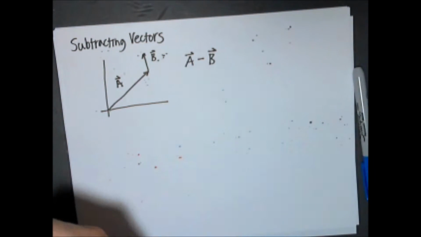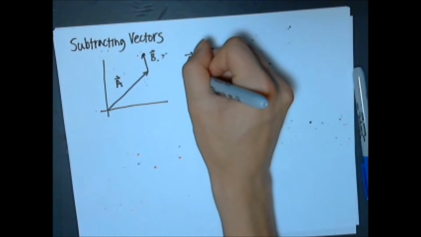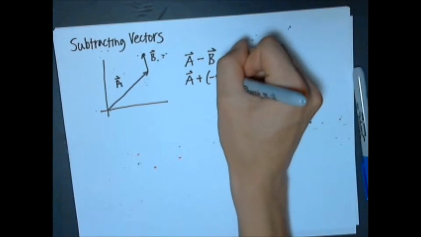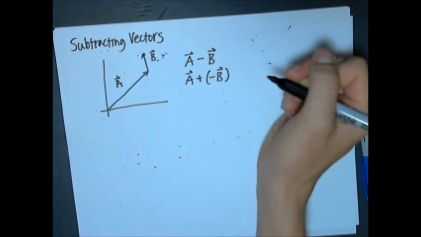But since we're subtracting them, we could say A is plus the negative of vector B.